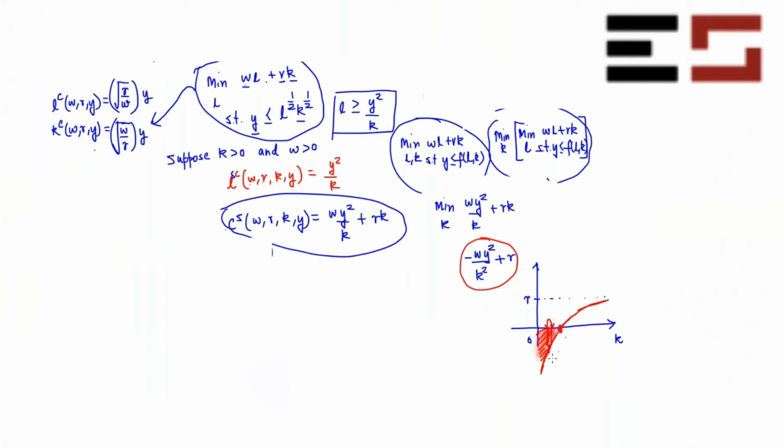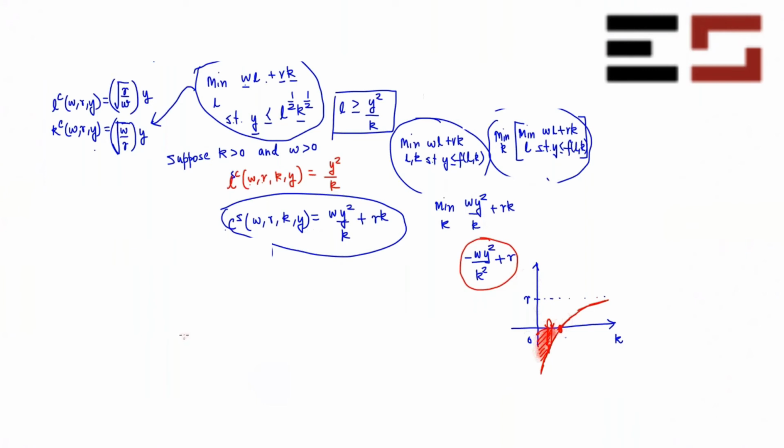Cost is minimum at this point, because beyond this point the derivative becomes positive. If the derivative becomes positive, you are going to add to your cost if you use more capital.